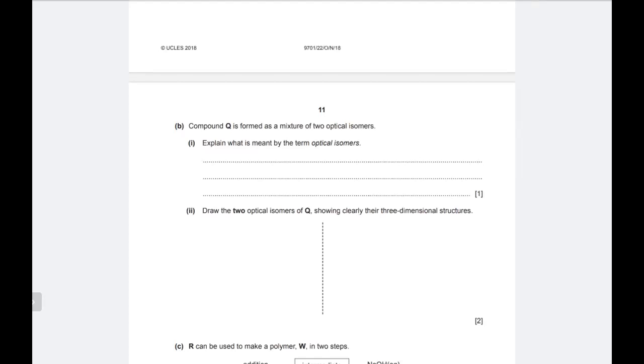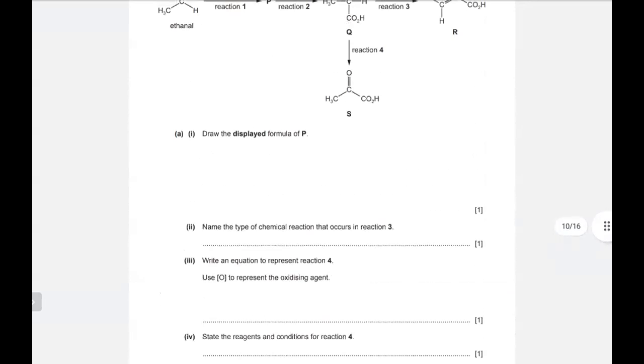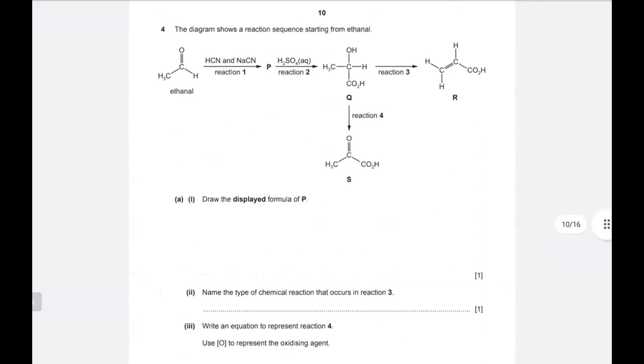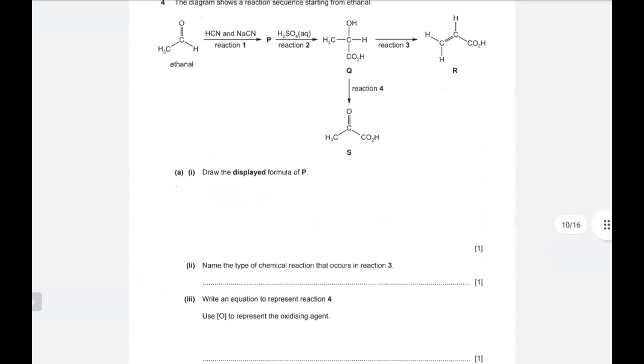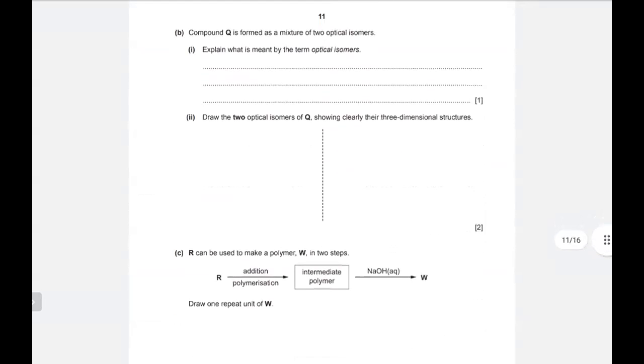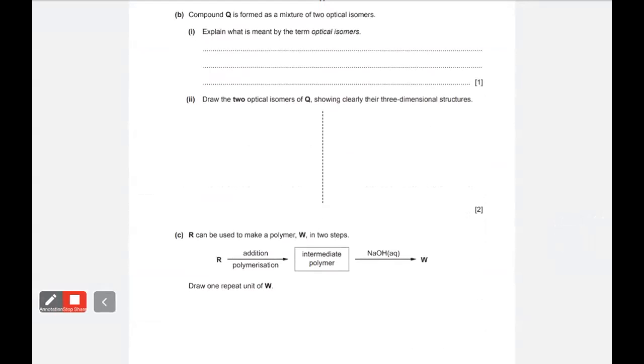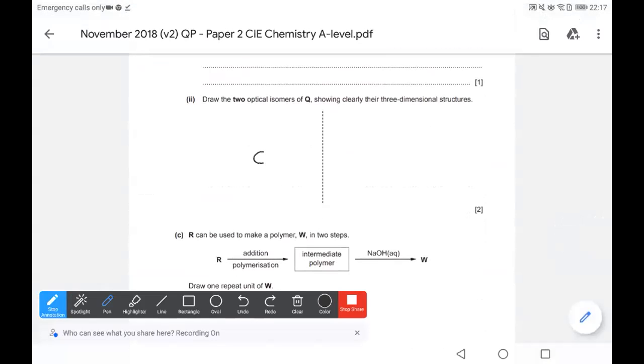Draw the two optical isomers of Q in 3 dimensions. So if they want it three-dimensionally, COOH, one out, one in.